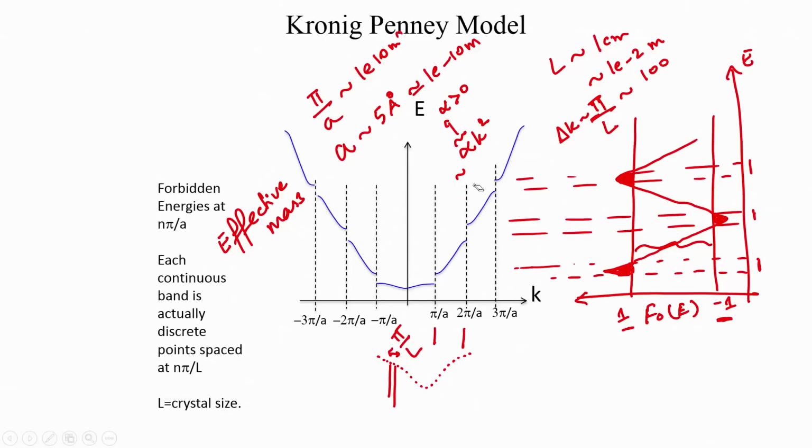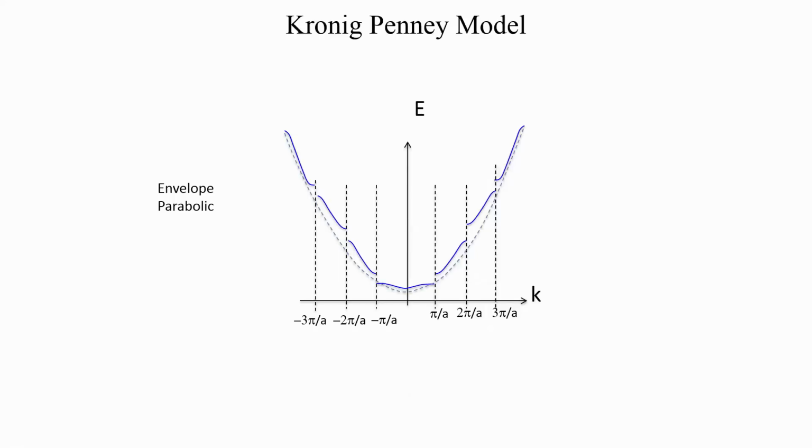Now, there are 2 other aspects that we need to discuss. So moving on, we find that these are the states the electrons could occupy, and there are these little discontinuous jumps, but the general envelope or the general trend of this plot is in itself a parabola. And do we expect that?